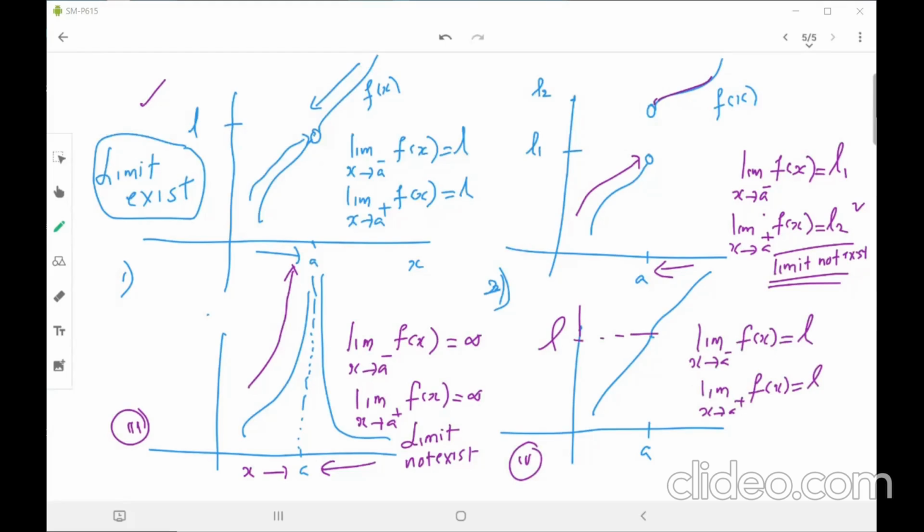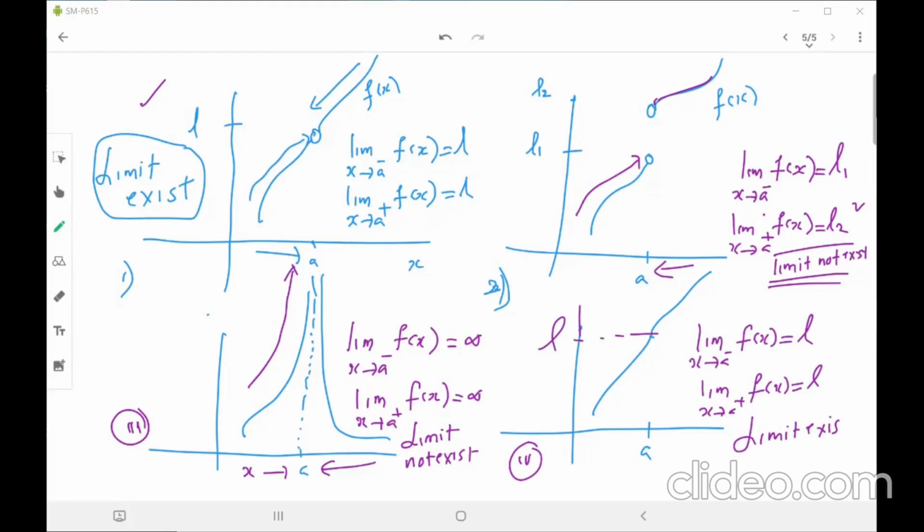Correct? Here also I can say the limit exists. So in this example, the first and fourth cases, the limit exists. Second and third cases, the limit does not exist.